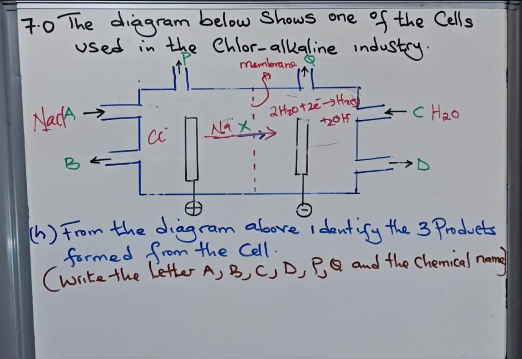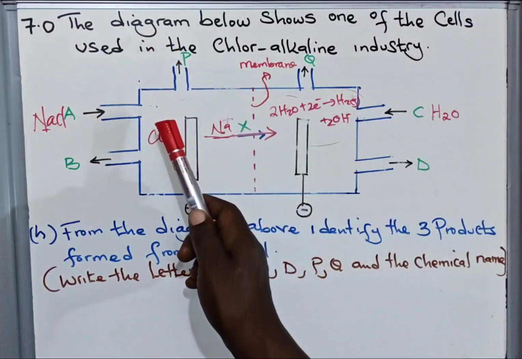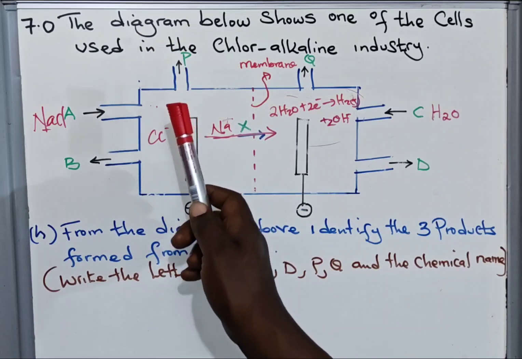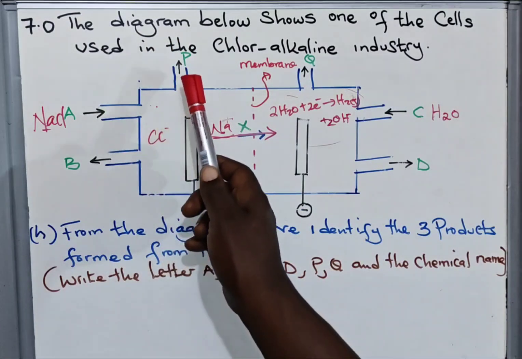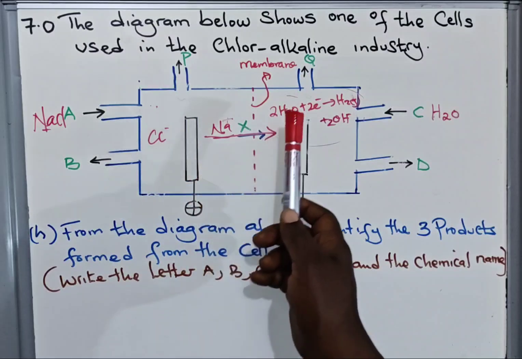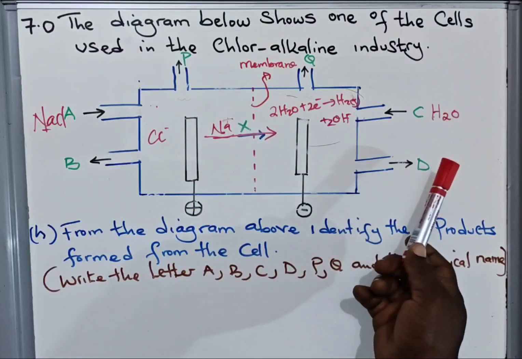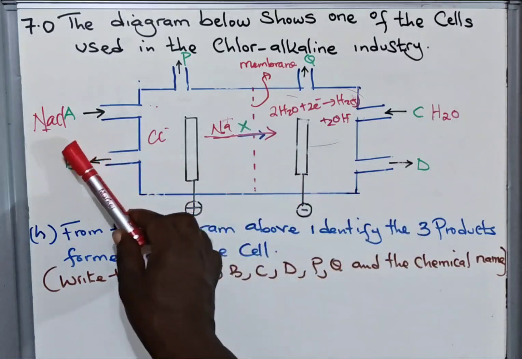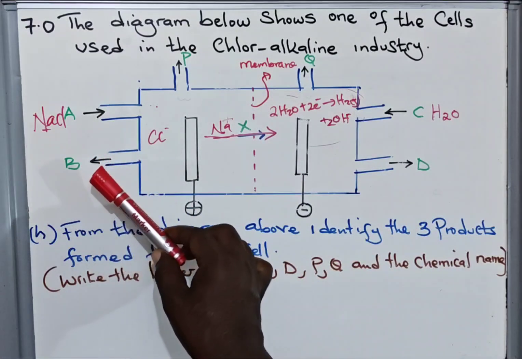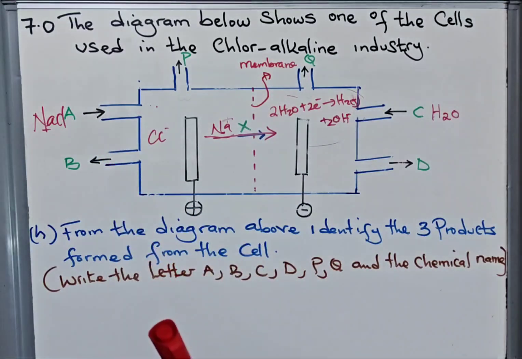Okay, how do we identify products? First of all, the product must be going out. So we have this one. P is a product, Q is a product, and D is a product. Those are the 3 products formed. Yes, I know B is going out, but B is not our required product.